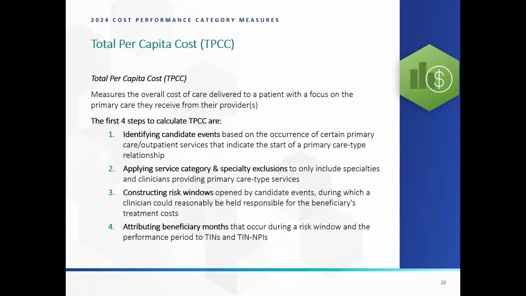Second, applying service category and specialty exclusions to only include specialties and clinicians providing primary care type services. Third, constructing risk windows opened by candidate events during which a clinician could reasonably be held responsible for the beneficiary's treatment costs. And then finally, attributing beneficiary months that occurred during a risk window in the performance period to TINs and TIN MPIs.